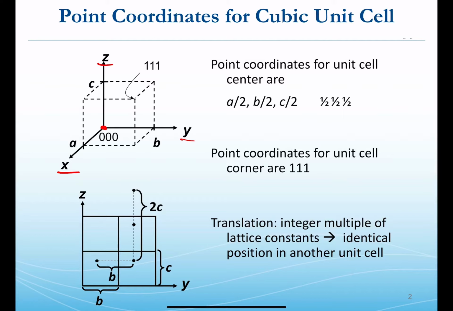And if we want to list a particular coordinate within the unit cell, we make sure that we can orient ourselves on the Cartesian coordinate system. Moving along the x direction here is the positive direction of that axis, as is this direction. And likewise up to the z label here, that's the positive direction.